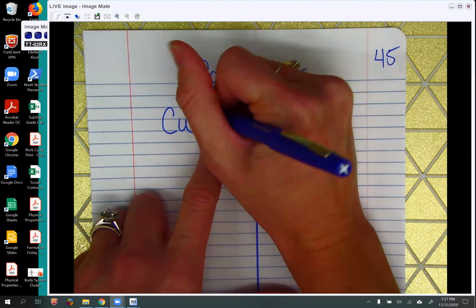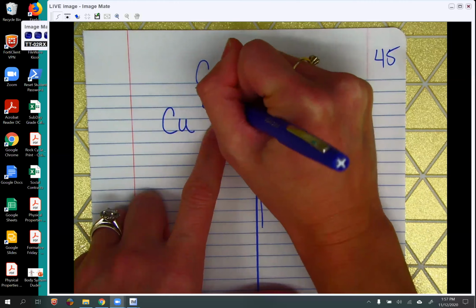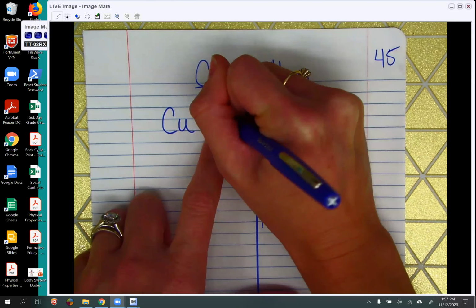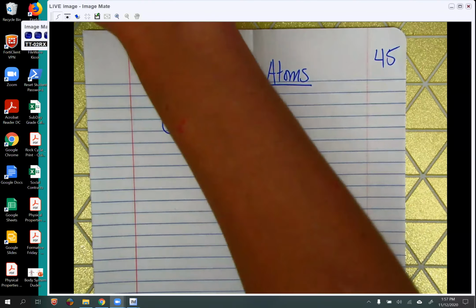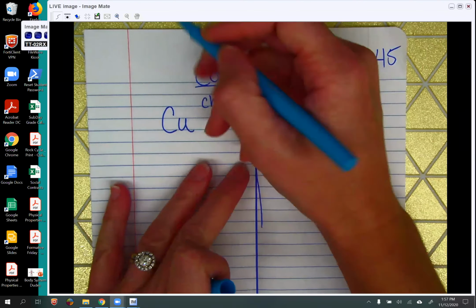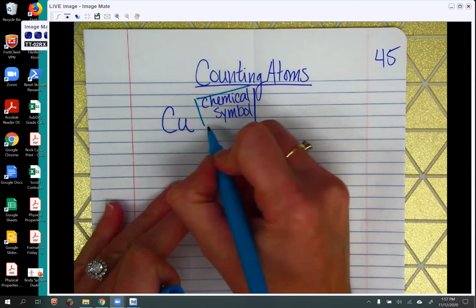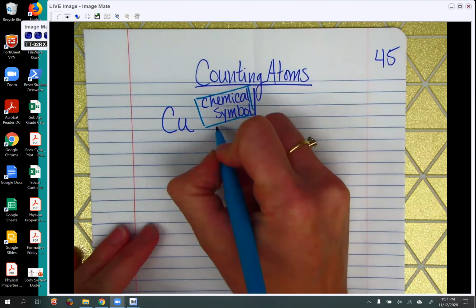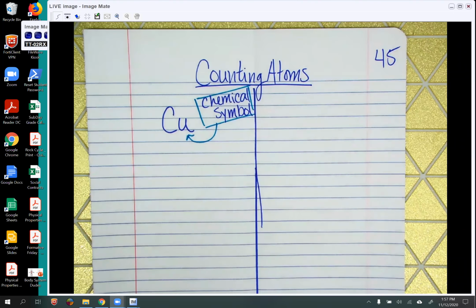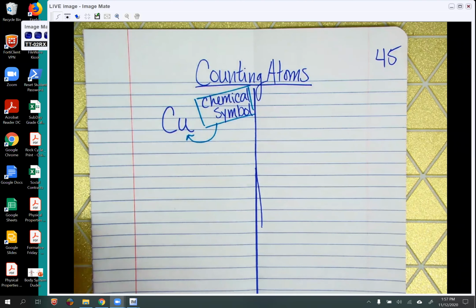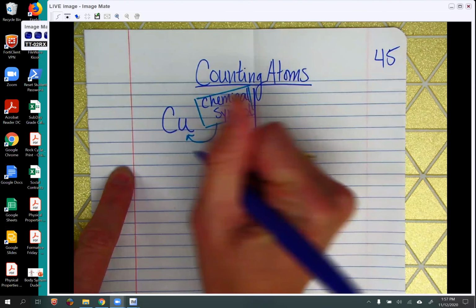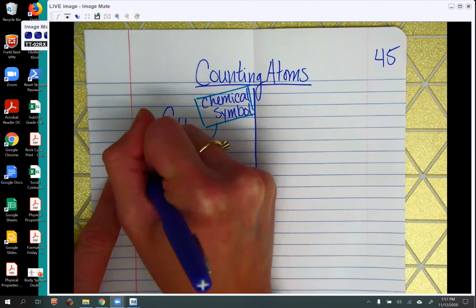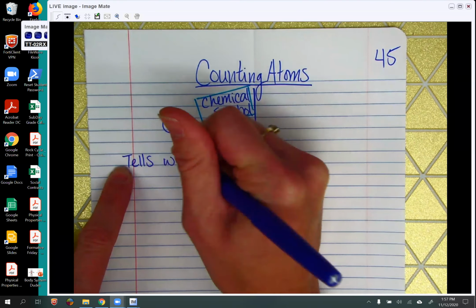This is the chemical symbol, and this just happens to be the chemical symbol for copper. The chemical symbol tells you what type of atom you have.